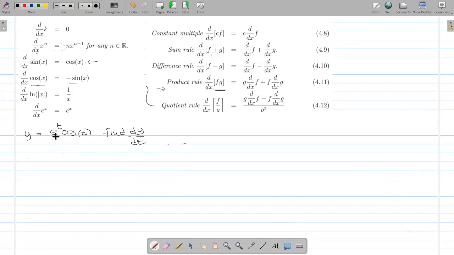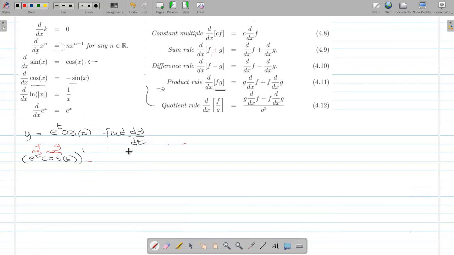So here, this is a product, no? So I use the product rule. This time I use the dash notation. I'm looking for this derivative. I'll say this one f and this one g.